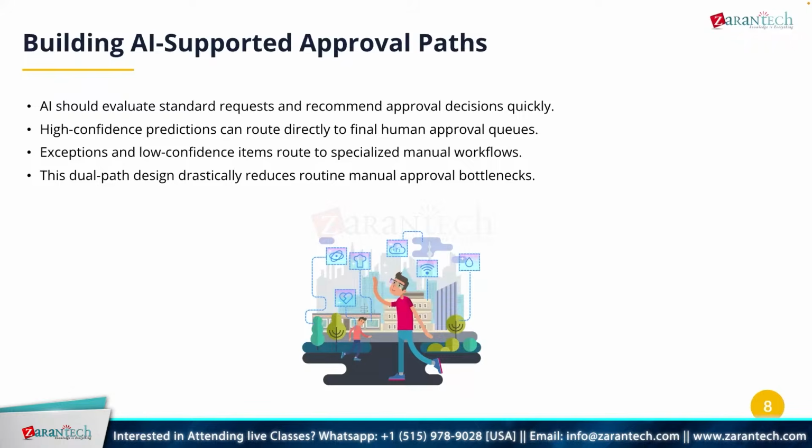There is no prioritization in the traditional approach, whereas here it is risk-based prioritization. In traditional approaches we go for slow decisions, but here faster, context-aware decisions are taken. So you have to go for triggering the events, the AI evaluation layer, decision rules, and collaboration with human agents. All these things come into the picture when you go for building AI-supported approval paths.